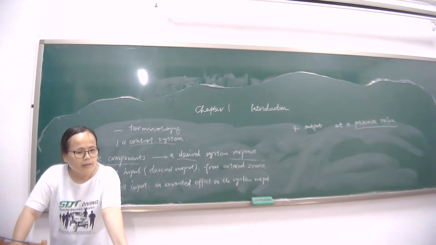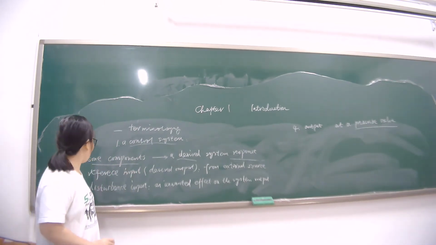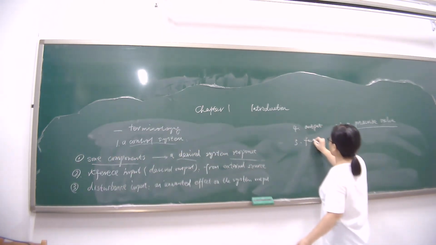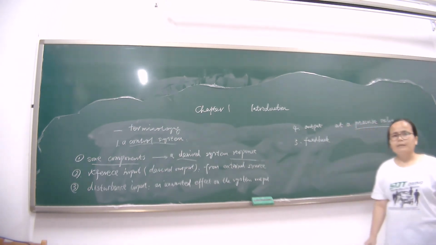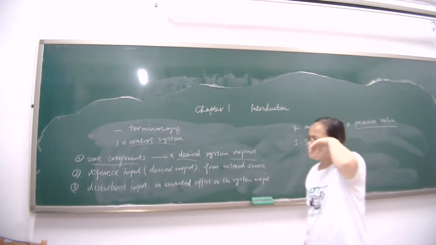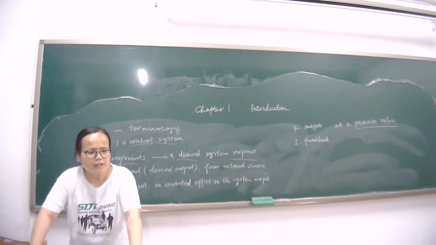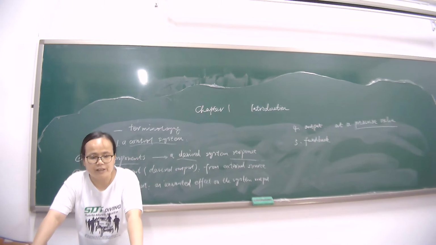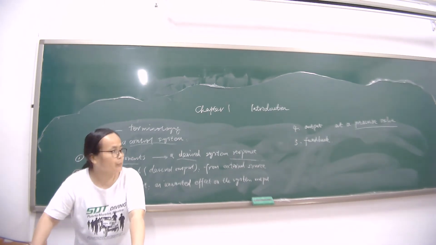Now, the fifth is feedback. We can say the system is a closed loop control system. The output of the system is returned to modify the input.